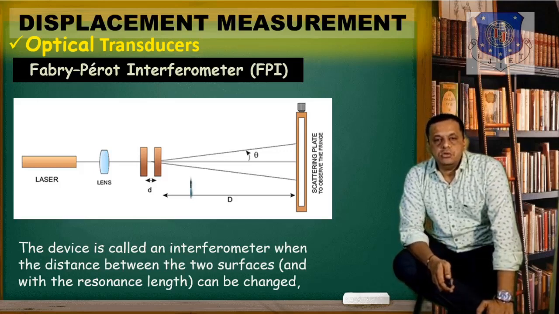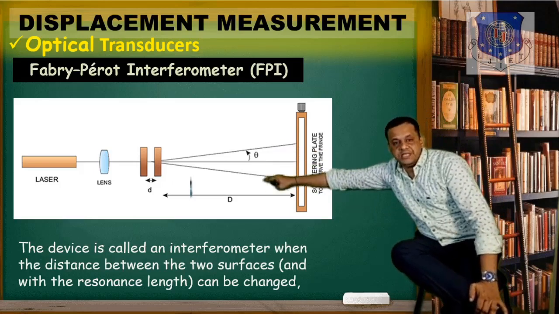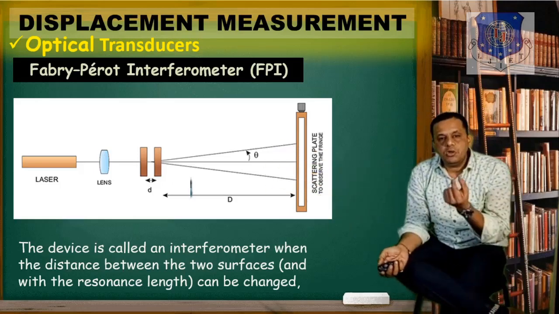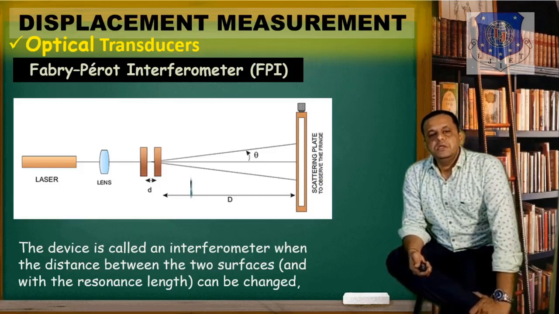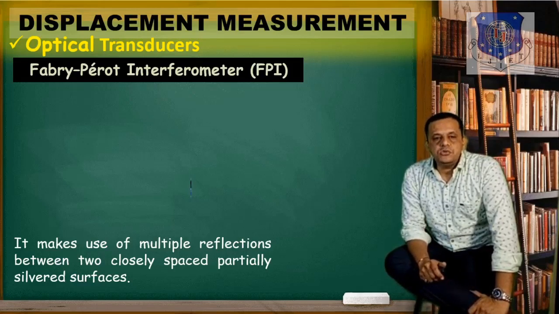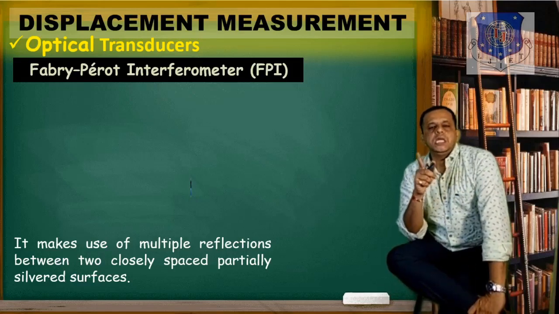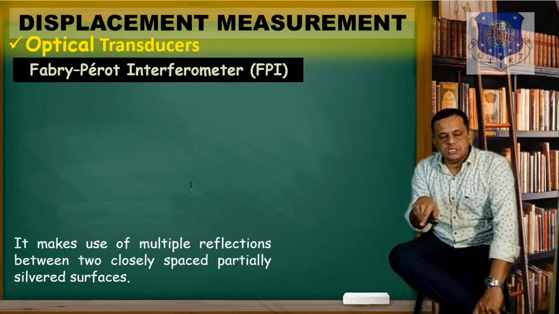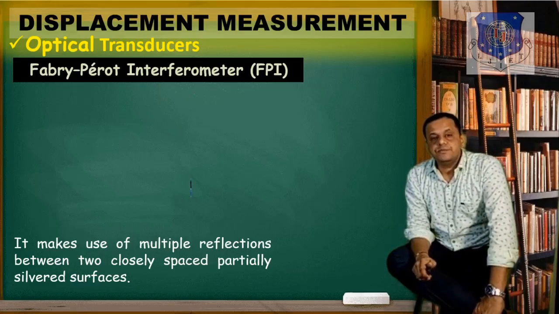Here I am talking about the two surfaces that you can see parallel, and that small d that you have to detect. Capital D will remain fixed. Here it makes multiple reflections of rays. I will show you one single ray, reflecting between the two silver surfaces.